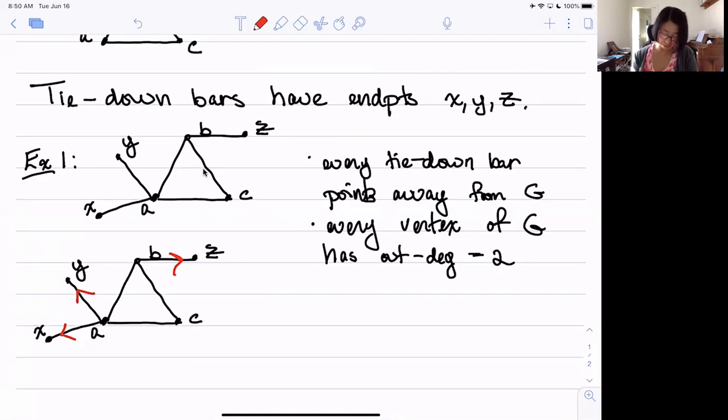So there's only one choice for the other edges incident at A. Since A already has out degree 2, I have no choice but to direct all the other edges incident at A inwards. Now if I go to vertex B, I see it already has out degree 2, so I have no choice but to do that. And so I've oriented all my edges and I had no choices.